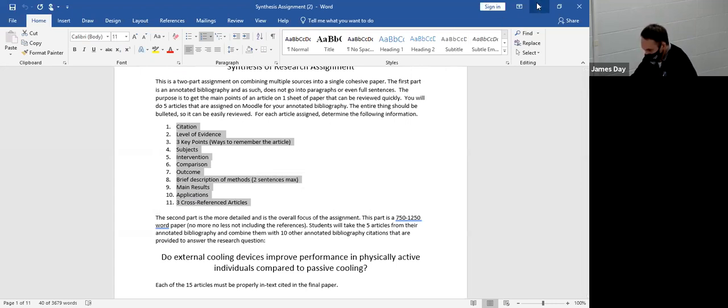So it should be 1 page per article, at most. For the cross-reference articles, those will be on the bottom of the paper. Just be like their reference sheet, their references, look at them and just look at the titles and say, hey, any of these seem applicable, interesting, whatever.